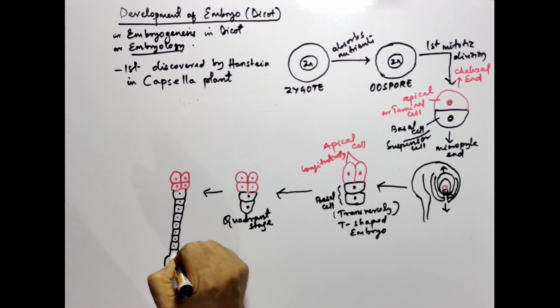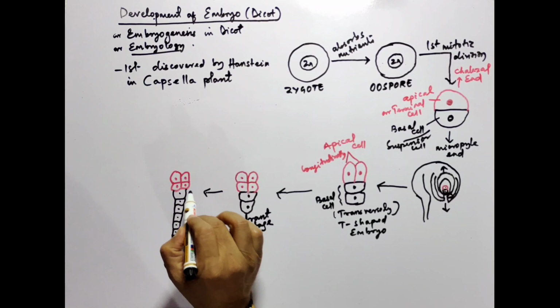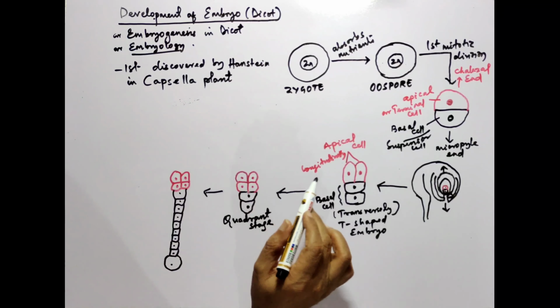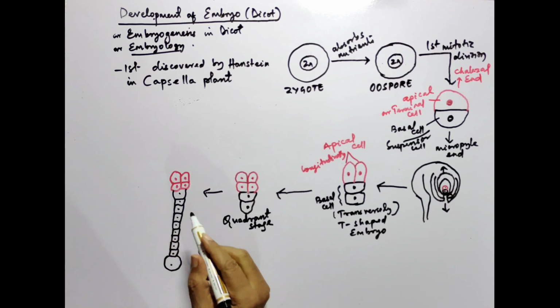And by the increase in this suspensor, what happens? Gradually the embryonal cells, particularly what we call the apical cells, later on give rise to the embryo.